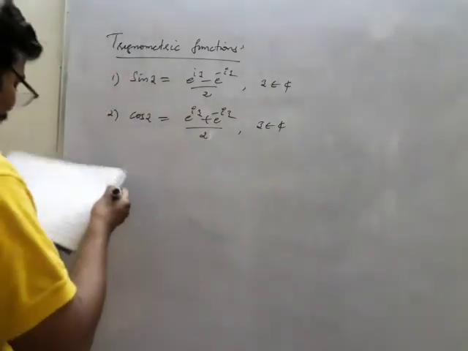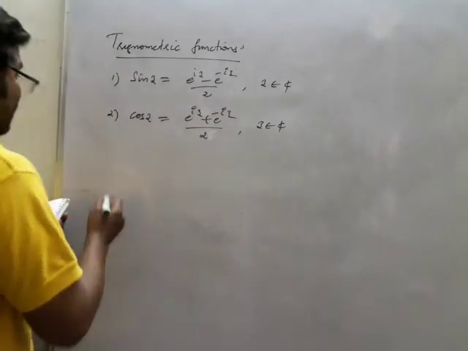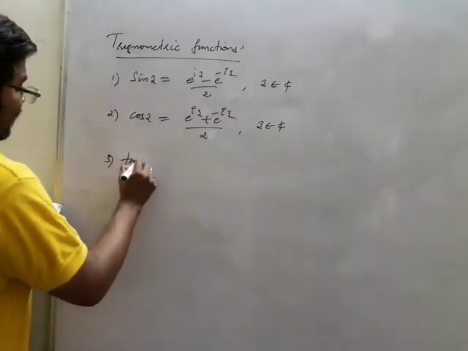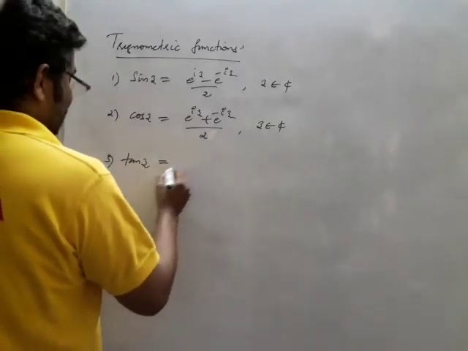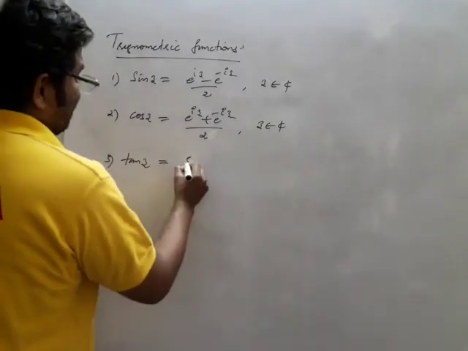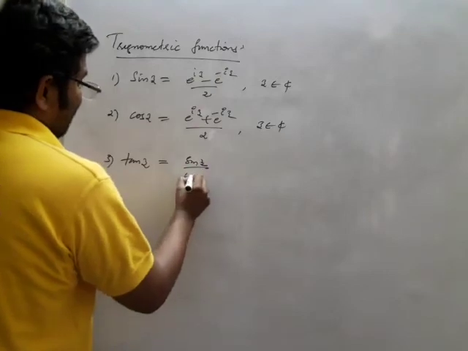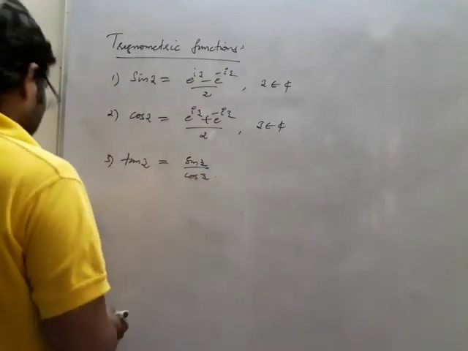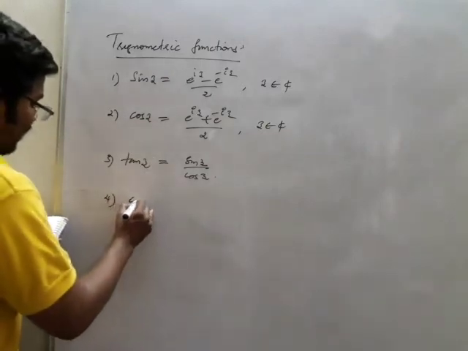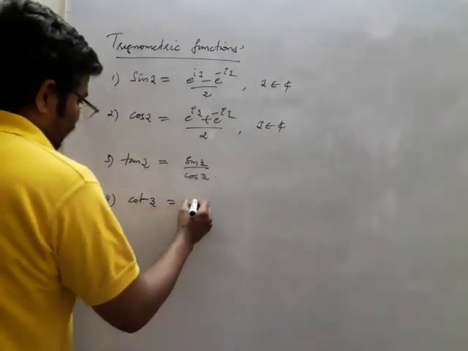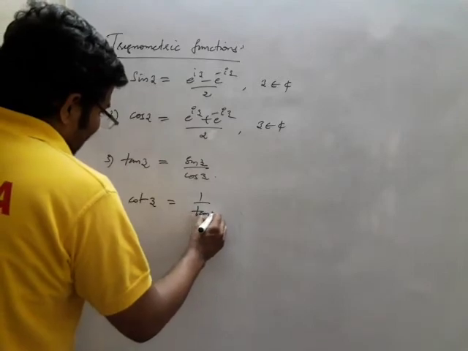Next, the third one: tan z is equal to sin z by cos z. The remaining ones are the reverse of that. Cot z is equal to 1 by tan z.